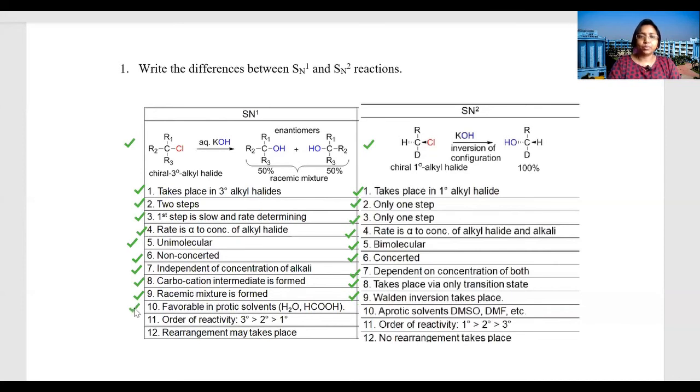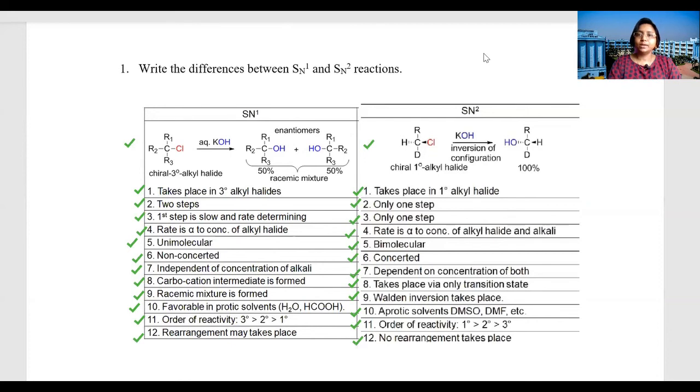SN1 is favorable in protic solvents like H2O and HCOH; SN2 in aprotic solvents like DMSO, DMF, etc. The order of reactivity for SN1 is third degree greater than second degree greater than first degree. For SN2 the order of reactivity is first degree, then second degree, then third degree. And in SN1 rearrangement may take place, while in SN2 no rearrangement takes place.